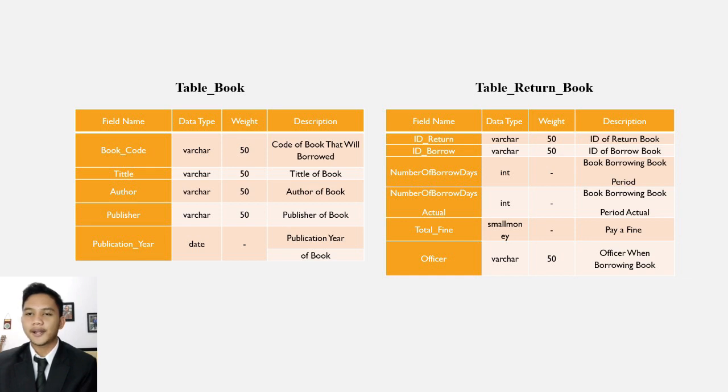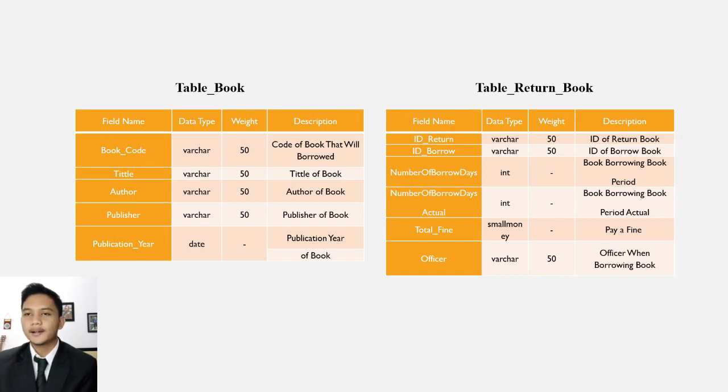The data type that is used in author is varchar, and the weight of the type is 50, and the description of author is author of book. And then the content is publisher. The data type that is used in publisher is varchar, and the weight is 50, and the description of publisher is publisher of book in the library.